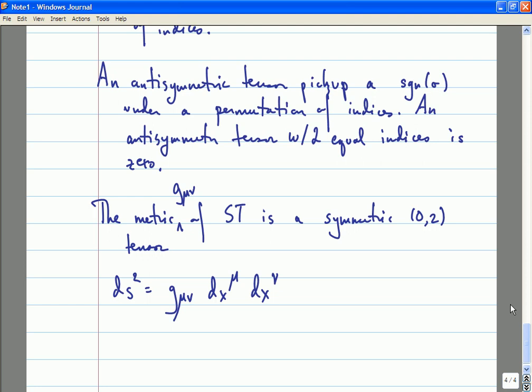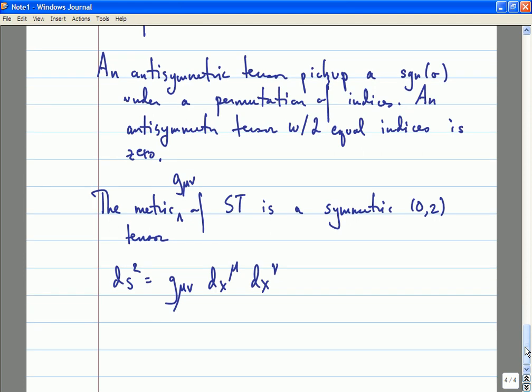What other tensors have we met in our life? Well, I introduced the Kronecker delta symbol, which was equal to 1 if mu is equal to nu and 0 otherwise. So this is a (1,1) tensor. Here, I have been careful to write delta mu with a space in front of the nu.